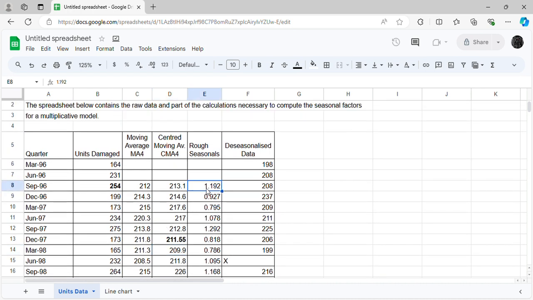And the rough seasonals are the units damaged values divided by the centered moving average. So let's test some of those values.